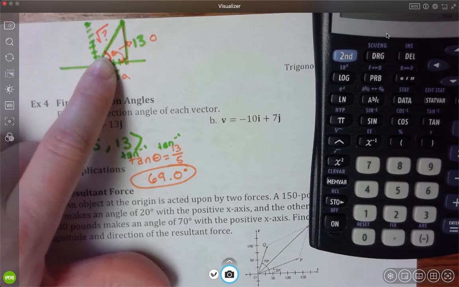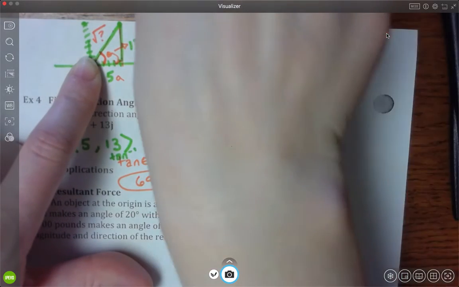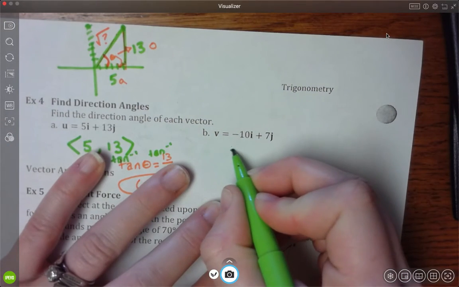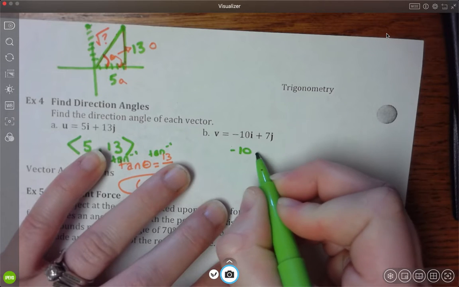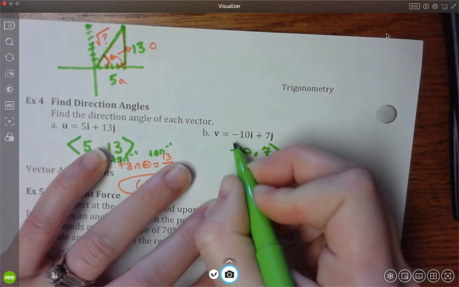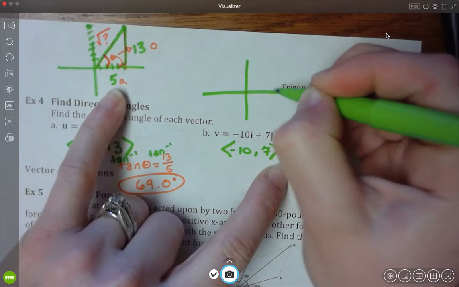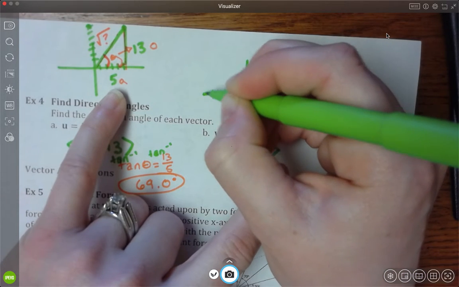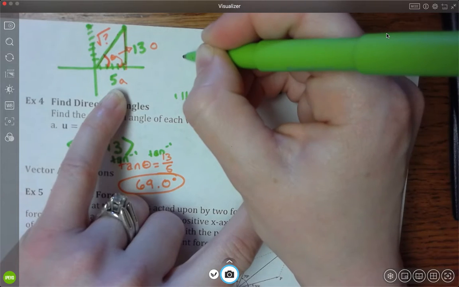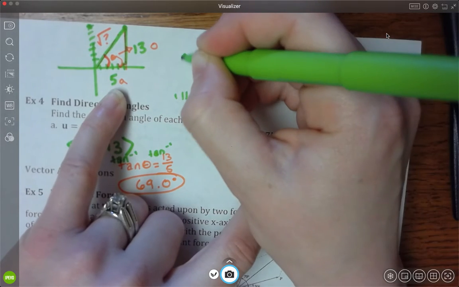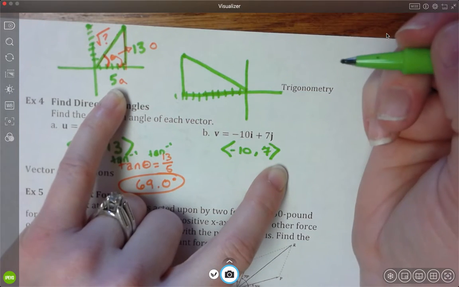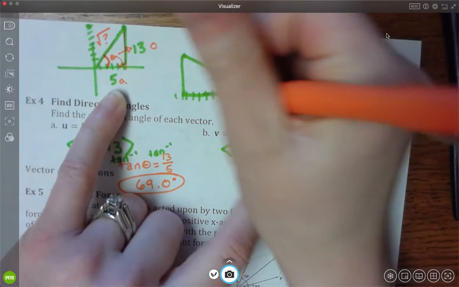All right, now in part B, it's just going to be ever so slightly different. This would be the components -10, 7, which means 10 to the left and 7 up. So if I draw out what he looks like, 10 to the left, 7 up, he'd be about over here somewhere. Okay, if I draw my triangle looking like that, 10 to the left, this will be -10.